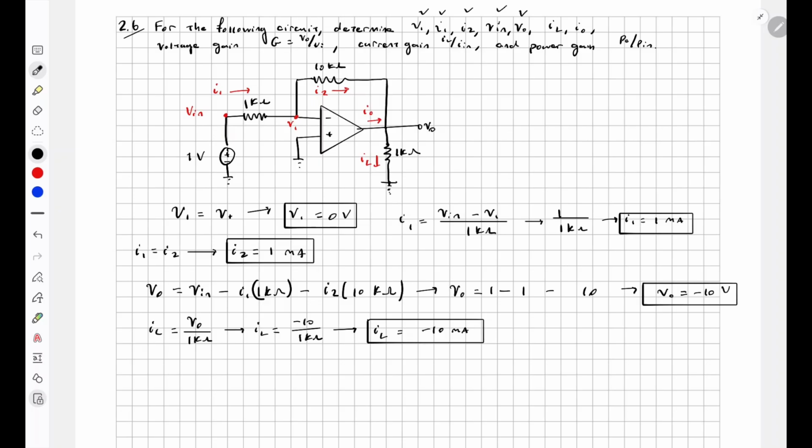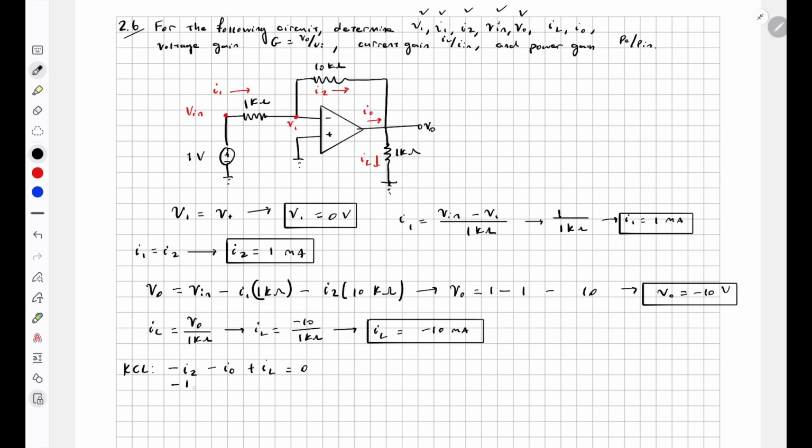And what about finding I out? Well, if we do KCL, the summation of all the currents entering the V out node sums to 0. So we have I2 going in, and going in means a minus sign, and I out is also going in, which means a minus sign, but IL is leaving the V out node, so it has the positive sign, and the summation is 0.